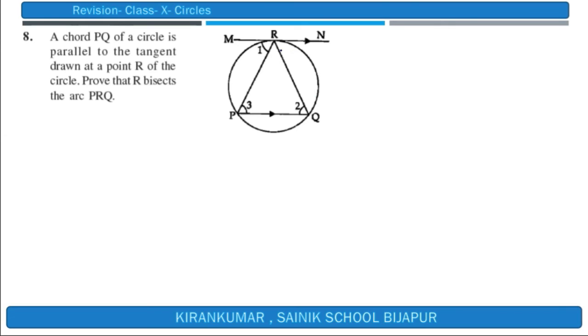I have taken MN as the tangent and R is the point where the tangent meets the circle. We need to prove that R bisects the arc PRQ. That means we need to prove that the arc length PR is equal to the arc length RQ. This is what is required to be proved.